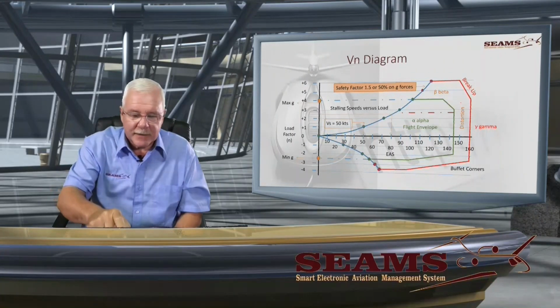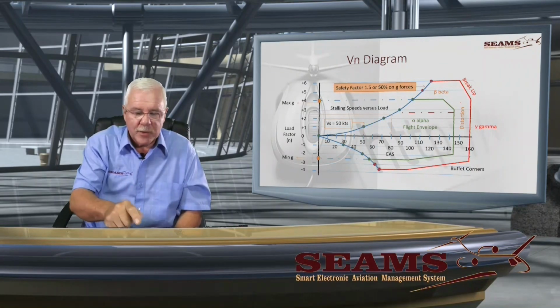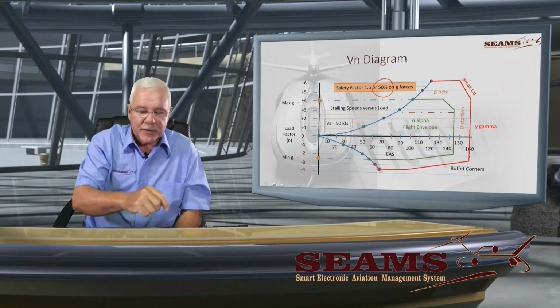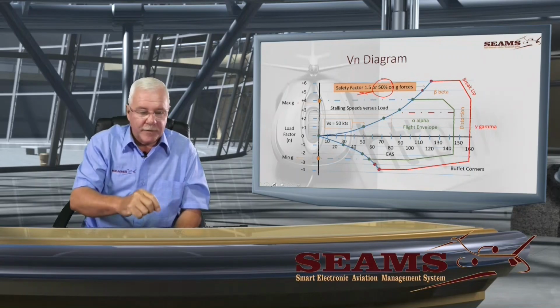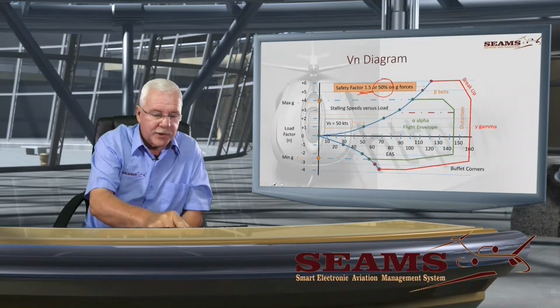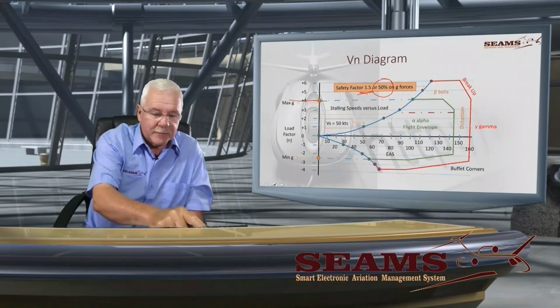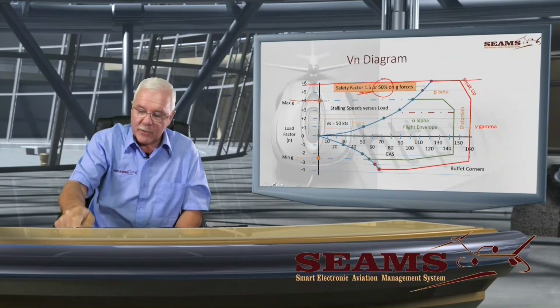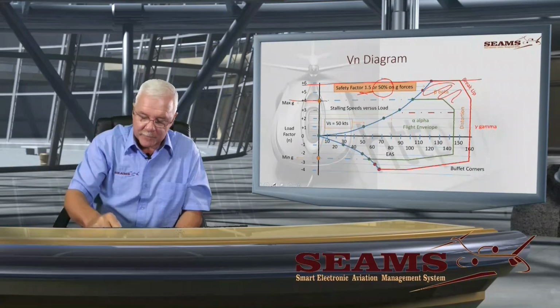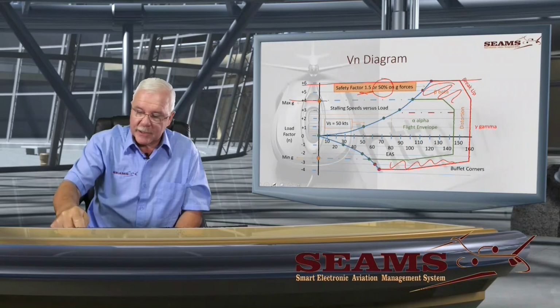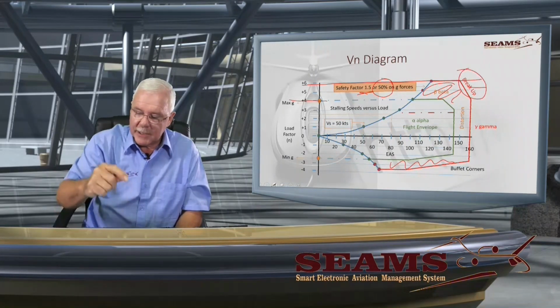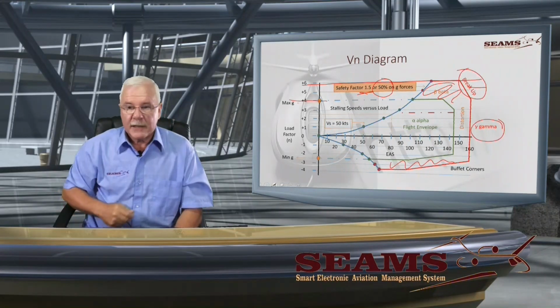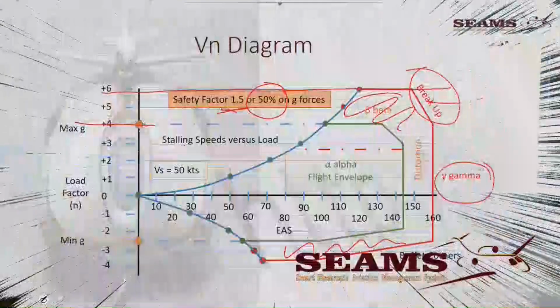The fudge factor in this case, where you've got your safety margin, is 50%, or the factor is 1.5. In other words, if the maximum G is 4, 1.5 times 4 is 6. So anything in here, you're going to get distortion. Anything beyond this, you're going to get breakup, and that is then the gamma range. All right.